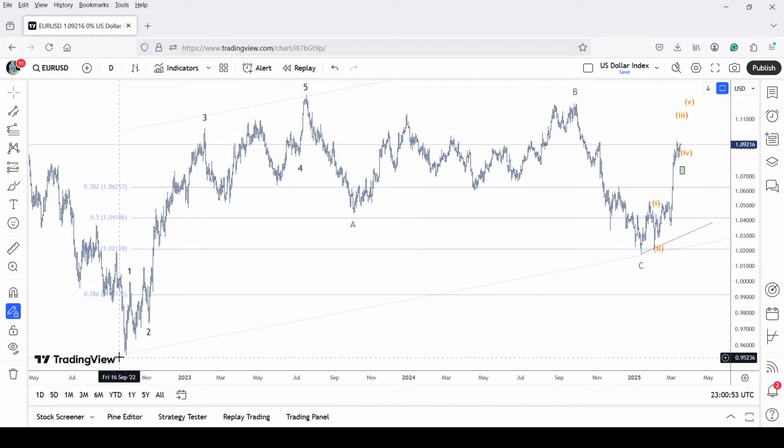uptrend very much intact, with a minor degree 5 wave rally followed by a minor degree corrective decline, and it should ideally be followed by a minor degree impulse wave, and it should carry us through above 1.1275 possibly.